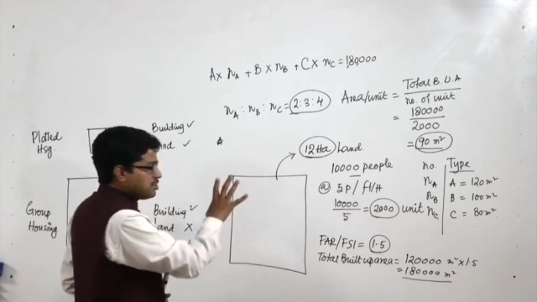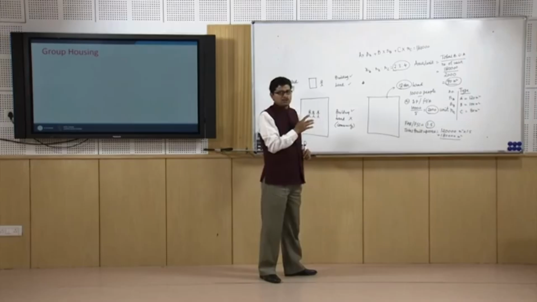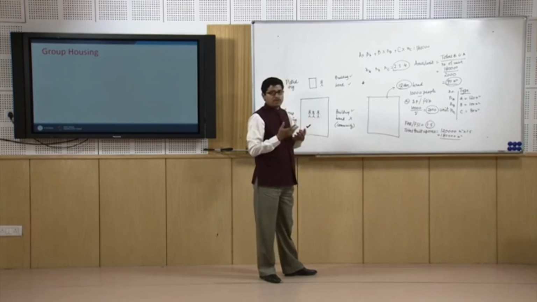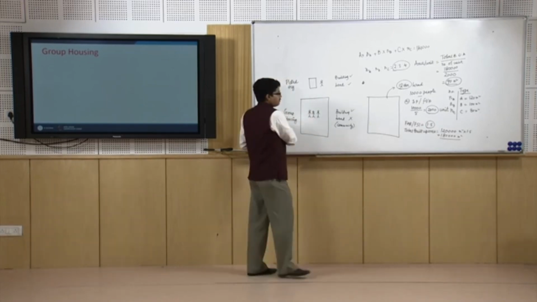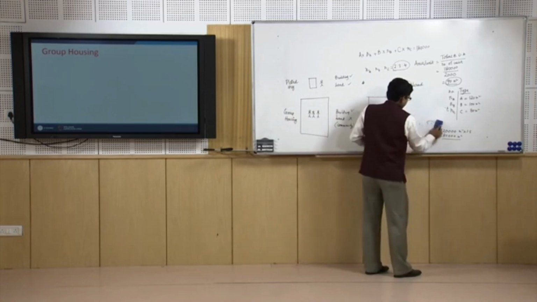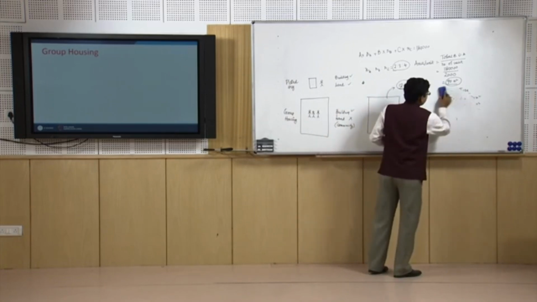Now this is the quantitative part of the planning of the whole complex, but how to accommodate, how many buildings will be there. There are a few variables: it could be accommodated in one building or multiple buildings.